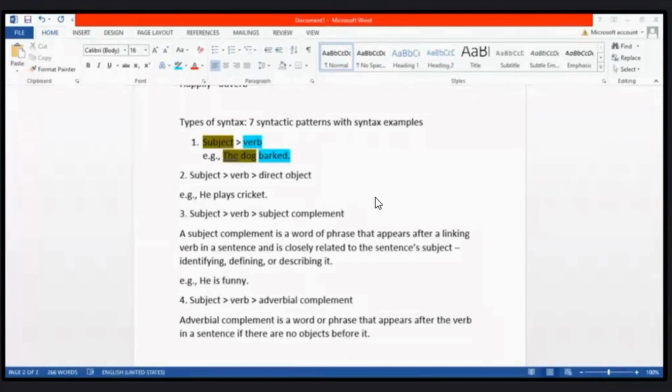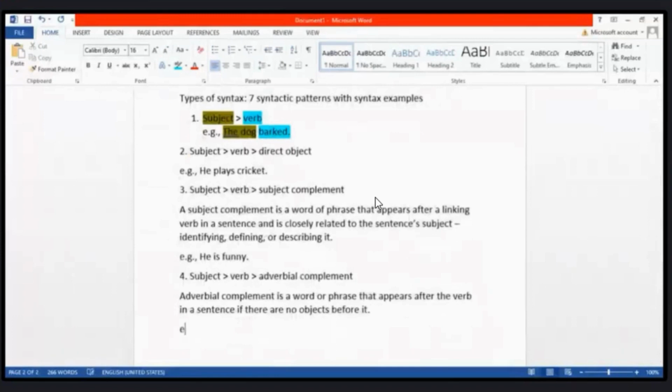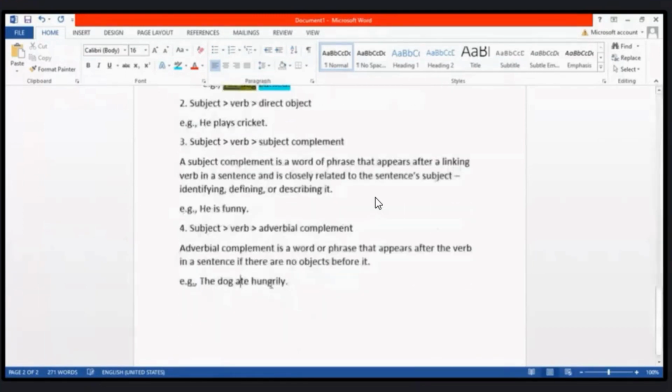Adverbial complements describe the verb. Let me give you a sentence example: the dog ate hungrily. The dog was quite hungry, so when he ate, he ate really fast.